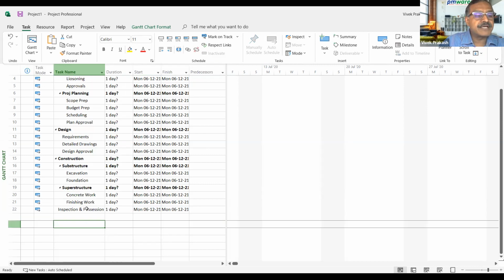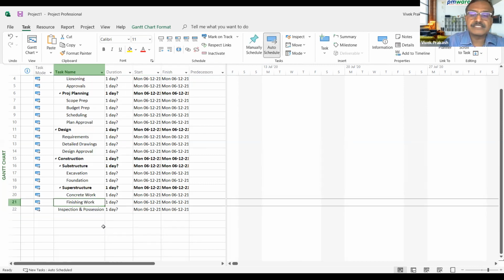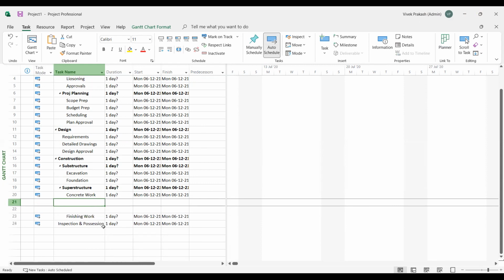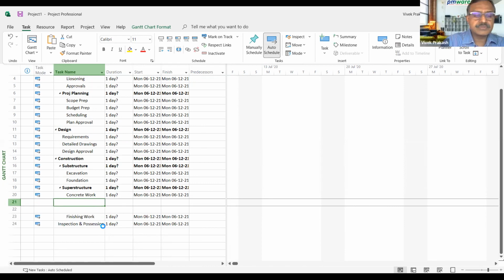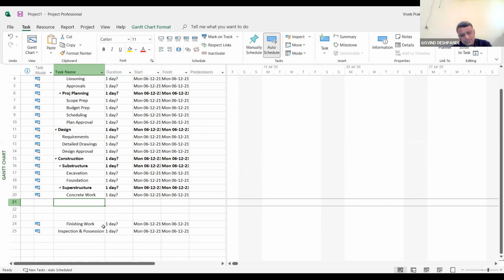And under that, concrete will be something else, right? Erection of column, beams, slabs, all these come under concrete. Column, slab and beam.